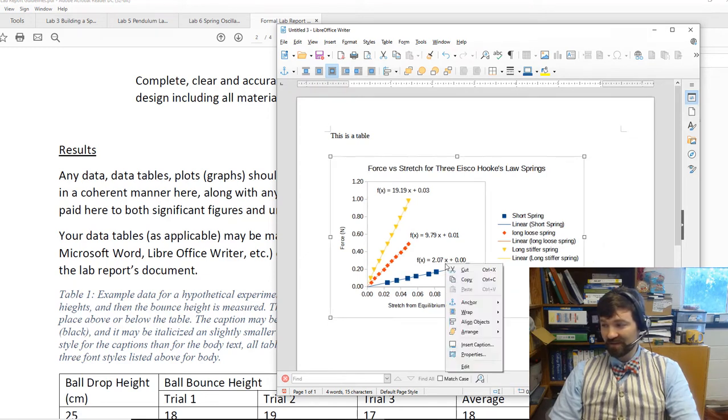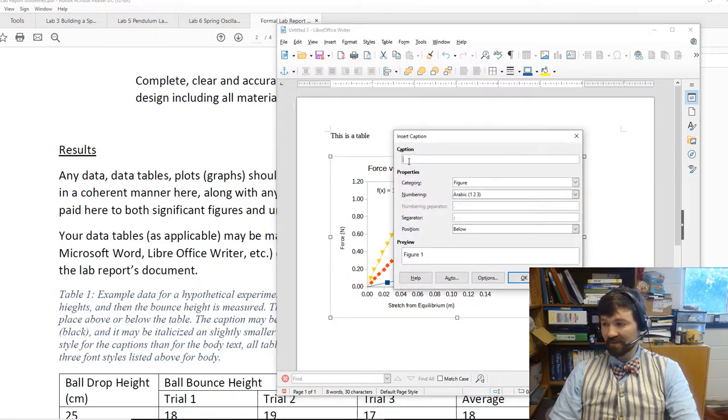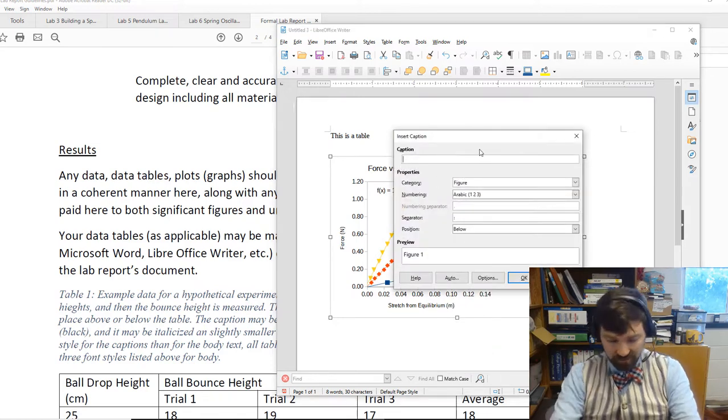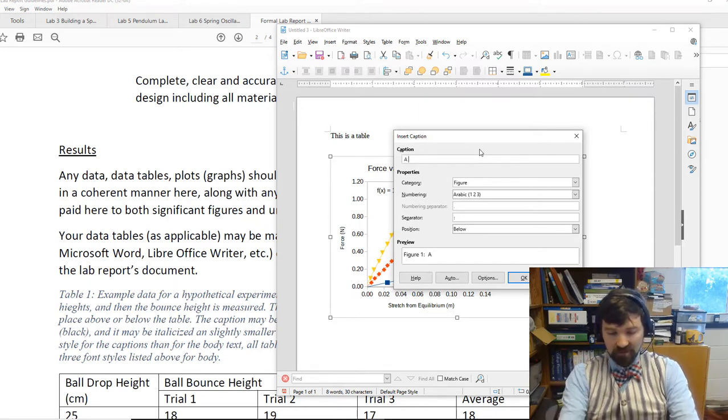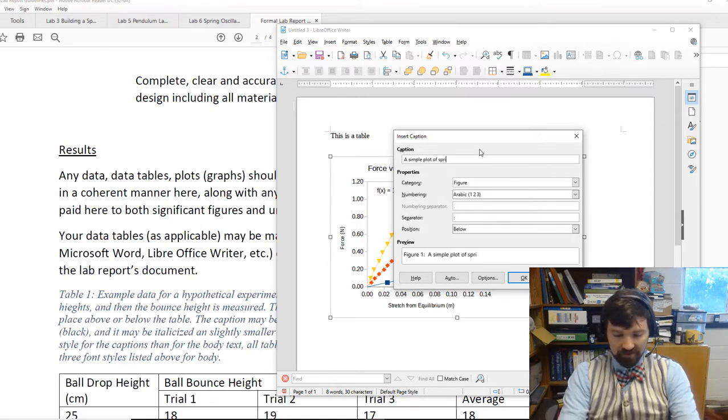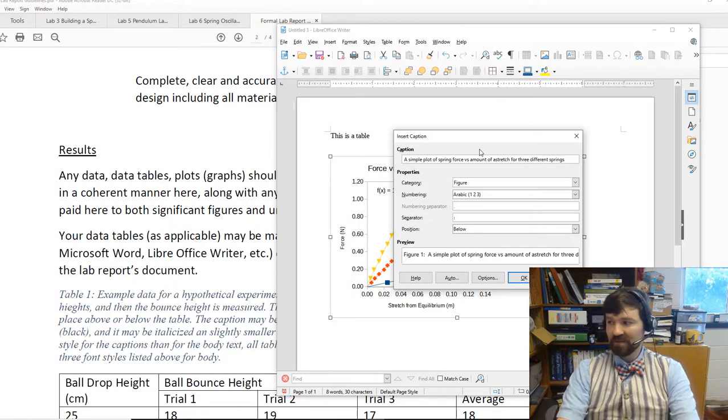I maybe will anchor it as a character so that I know where it is. Insert a caption, figure 1, call it a simple plot of spring force versus amount of stretch for 3 different springs.